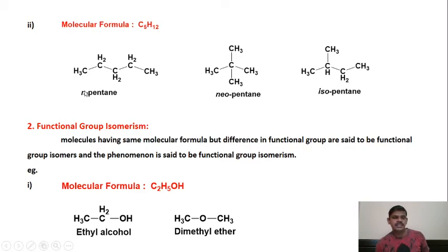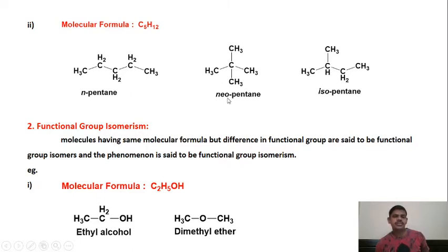Whenever these letters are present, n for straight chain, neo for neo, iso for iso, always write these names in italics. This is the IUPAC nomenclature. By IUPAC nomenclature we have to write all these prefixes in italic letters.